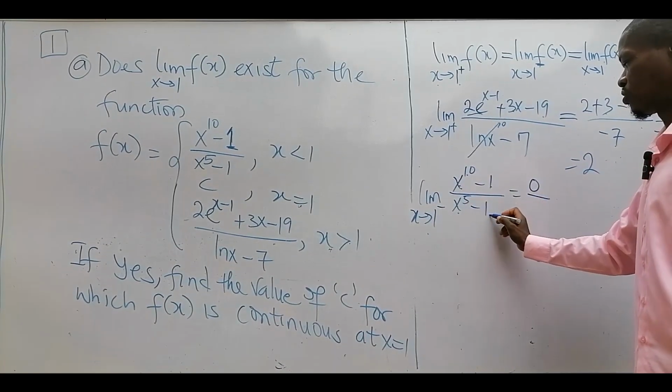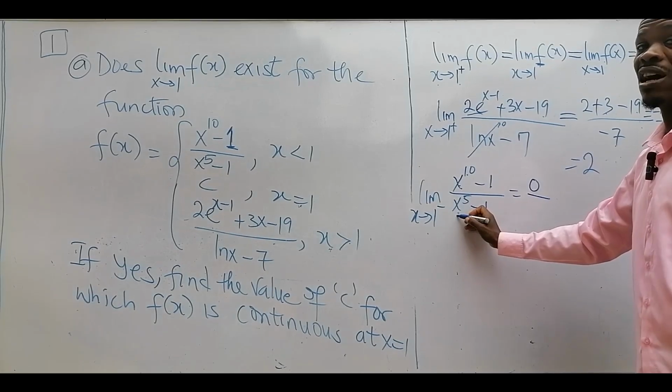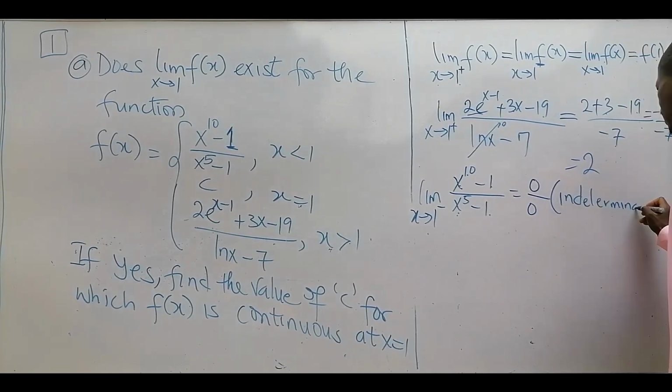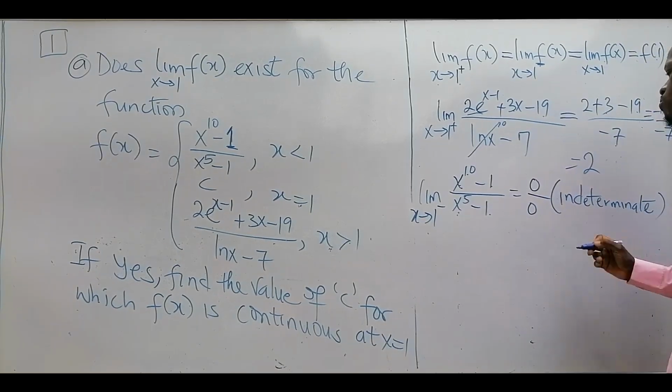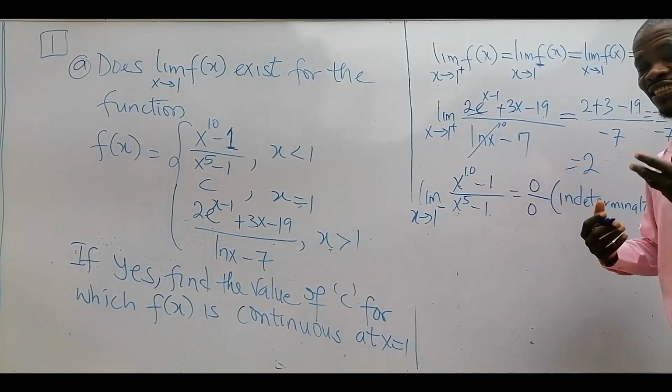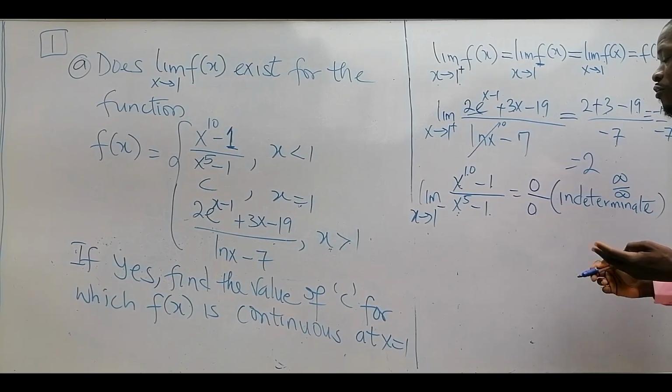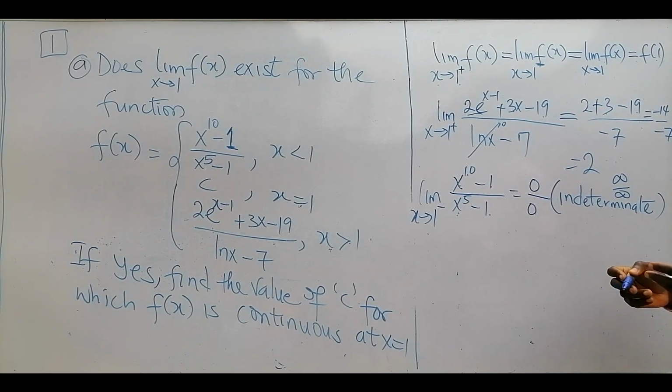This one also is 1 minus 1. 1 to any power is 1. That's 0 over 0, and that gives us indeterminate. Is that the end of the road? No. When you have indeterminate, it could be of this form and could also be of infinity over infinity. And that will call for the use of L'Hopital rule.